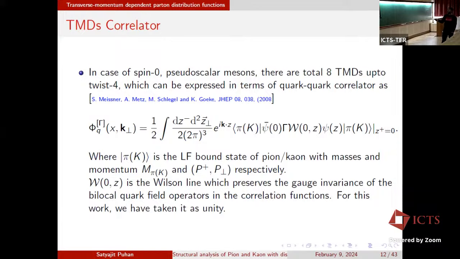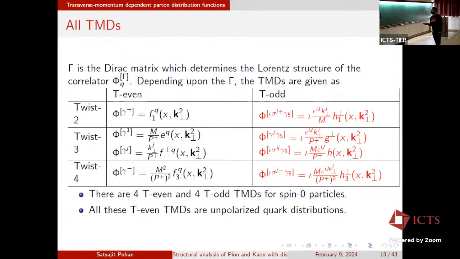Here psi is the light-front bound state of pion and kaon, with psi the quark field operator, gamma the gamma matrix, and W the Wilson line. In this case, we are taking the Wilson line as unity. These are the T-odd TMDs. In case of twist 2, there is one T-even and another is T-odd. In case of twist 3, there are another 2 T-even, and twist 4 another T-even, like this.